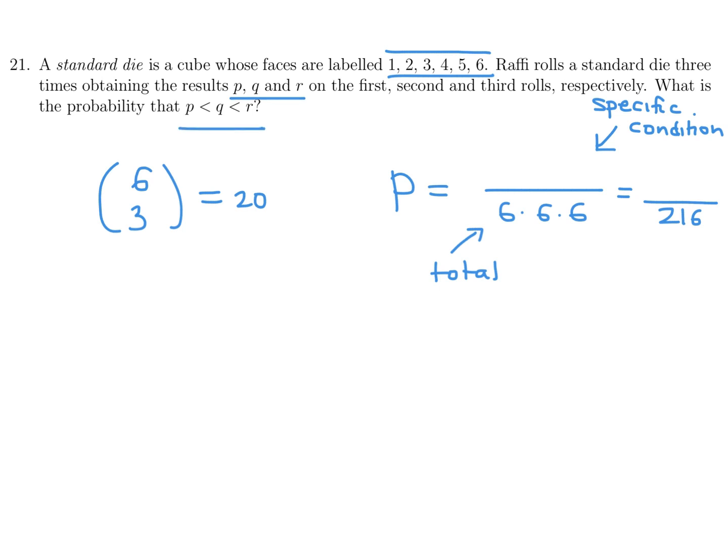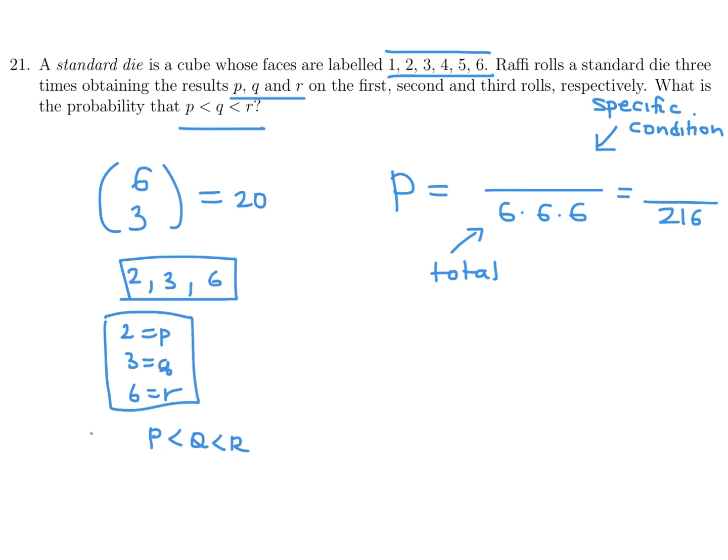And then once you get those 3 numbers, we want them to be in that order. So for example, if the 3 numbers I chose were 2, 3, and 6, I want the 2 to be the P, and I want the 3 to be the Q, and I want the 6 to be the R, so that P is indeed less than Q less than R. So once we choose the 3 numbers, there's only one way to assign them to make that inequality true.